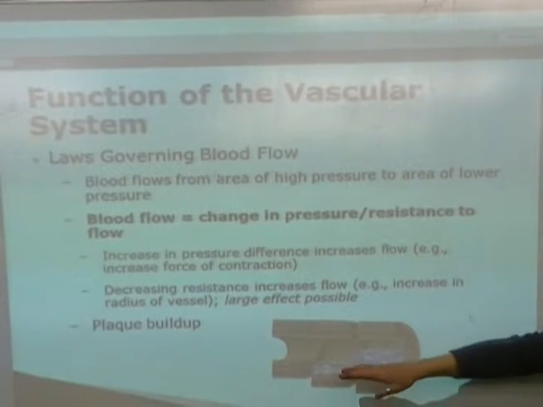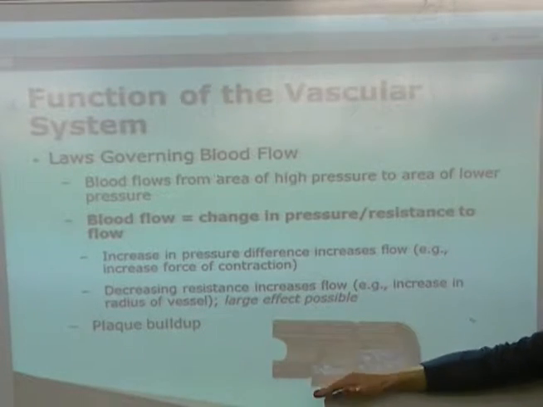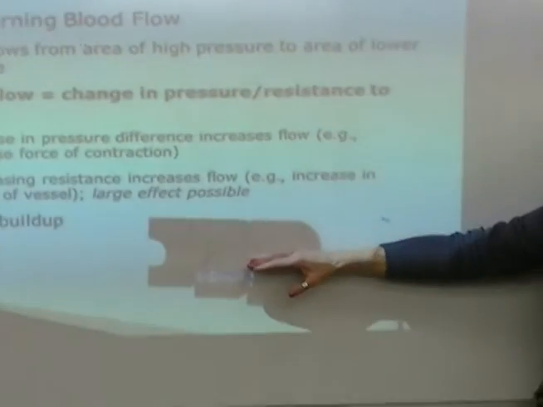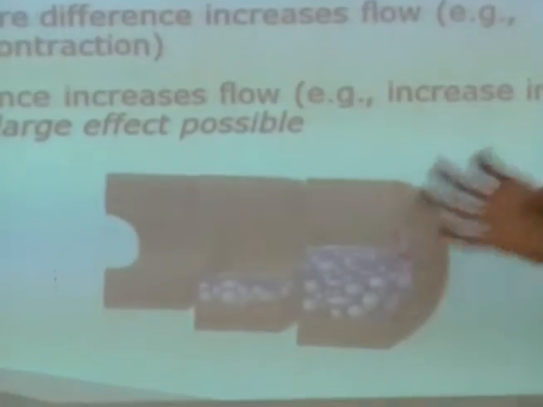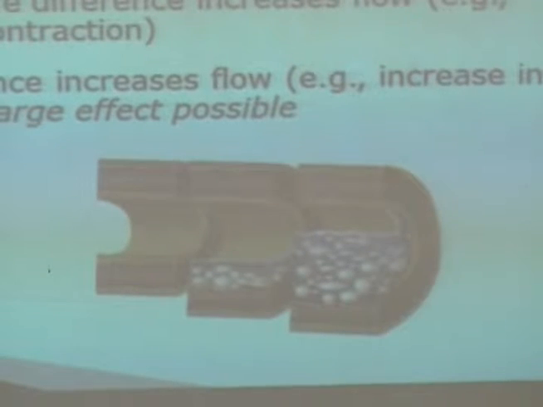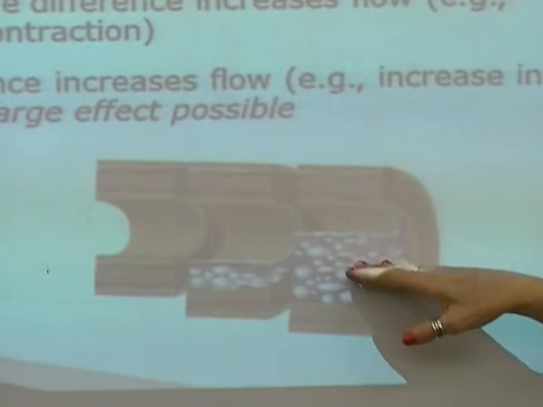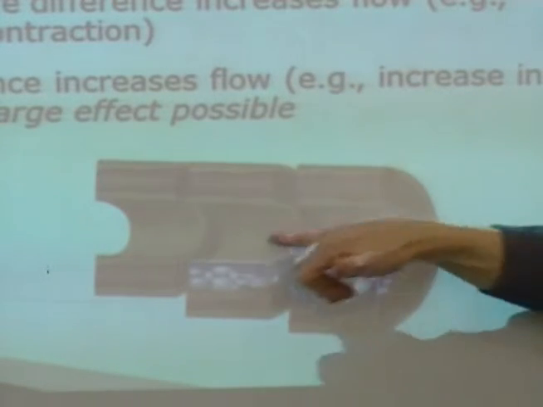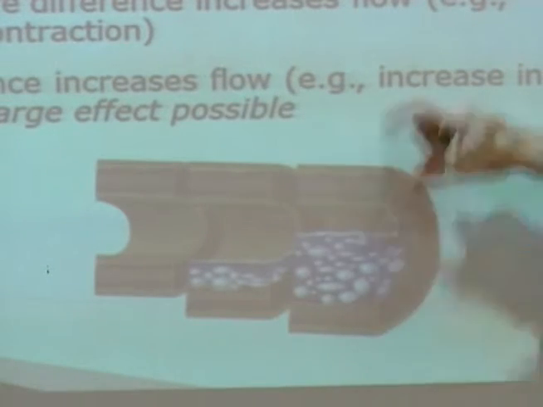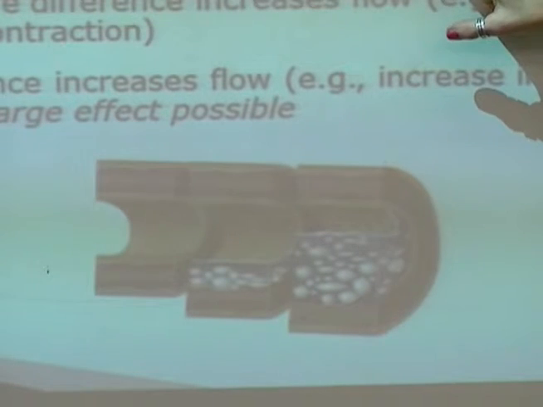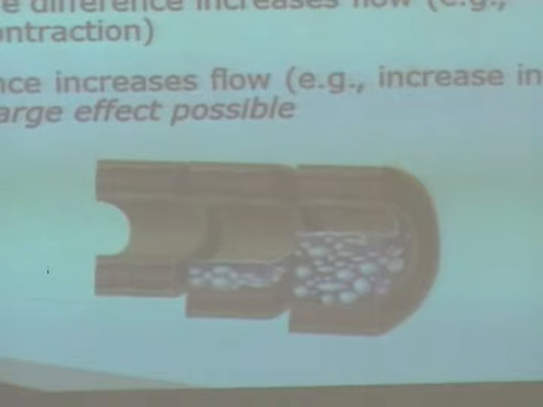But what plaque basically does, if you're laying down plaques on the insides of your arteries, is reduce the radius gradually of the artery. Even if it doesn't close over completely and block the artery, you've still reduced the radius quite considerably and therefore increased the resistance to blood flow. And that increases blood pressure. Okay?